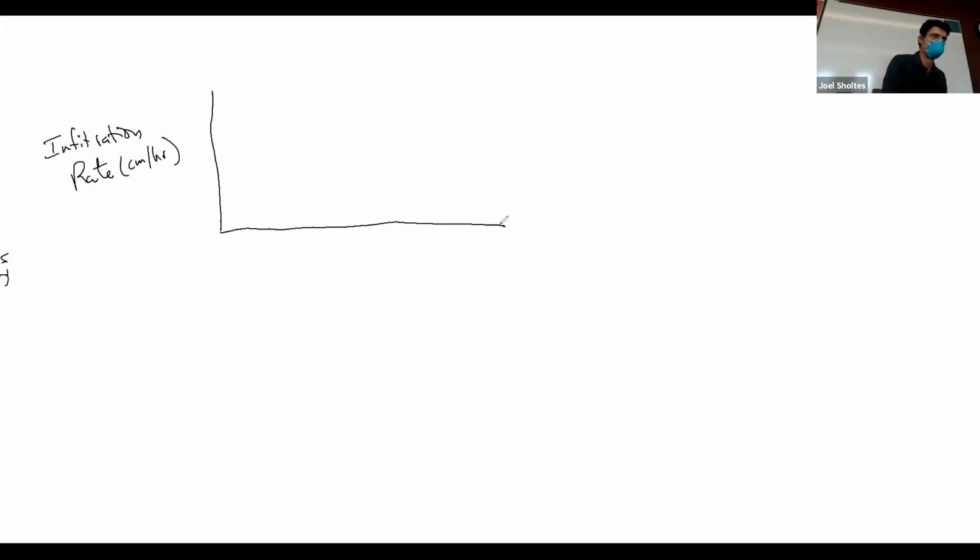Let's look at some conceptual relationships for infiltration. Can I move this? Yes. Okay, so on this axis, we're going to have infiltration rate, centimeters per hour, and then we'll just have time.